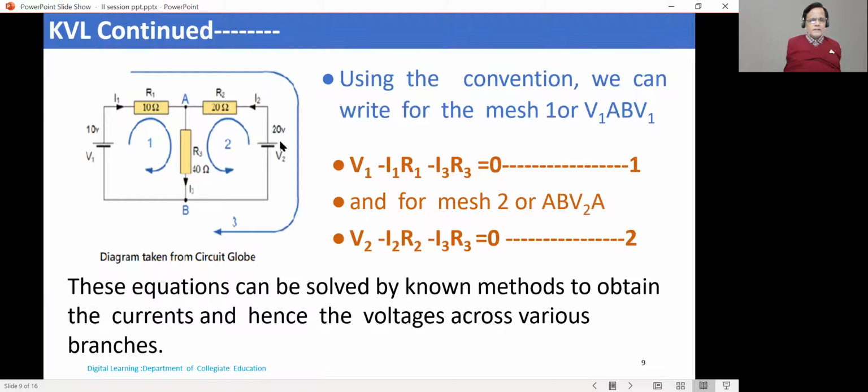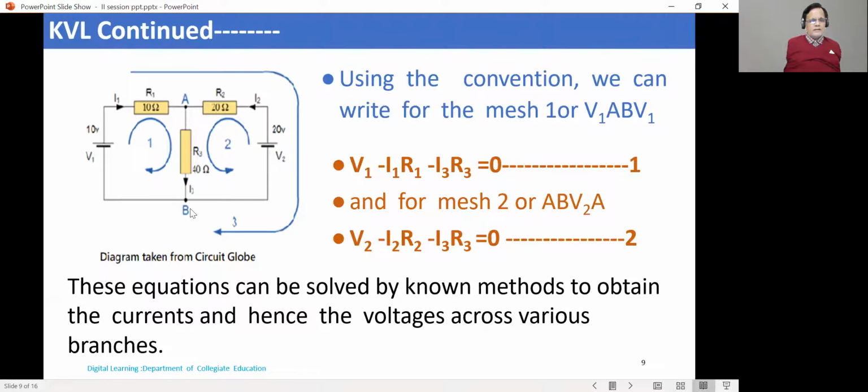As far as then going from the source to the resistor R2 is concerned, we go in the same direction as the assigned direction of current I2. So that voltage drop I2 R2 is minus. Then as we come from A to B, we are again falling through a potential.